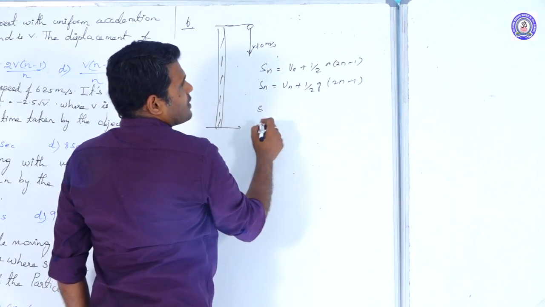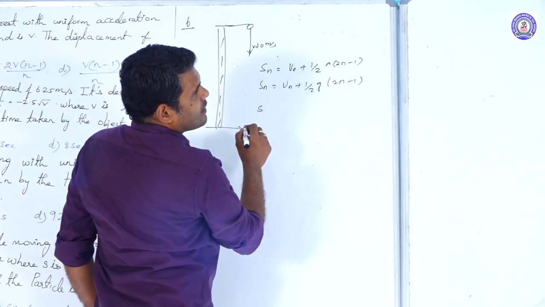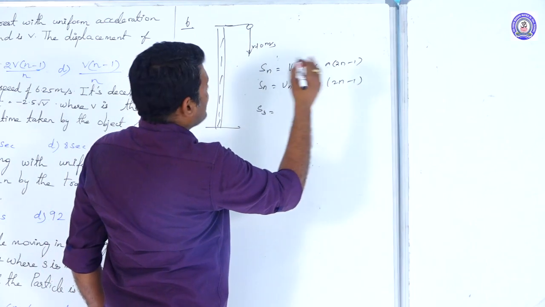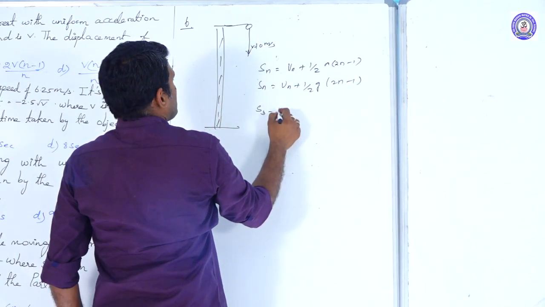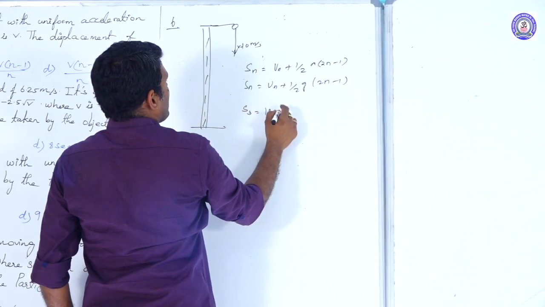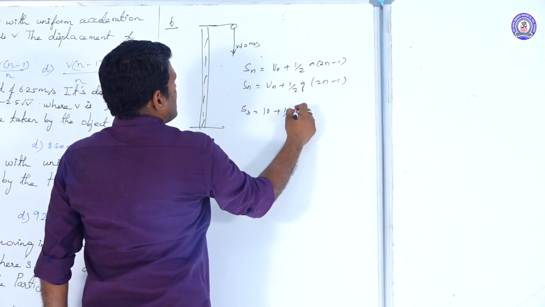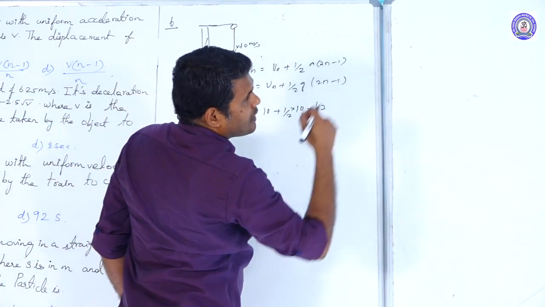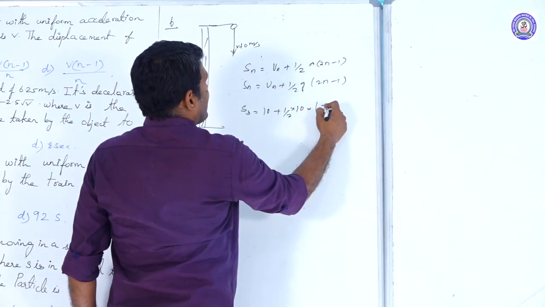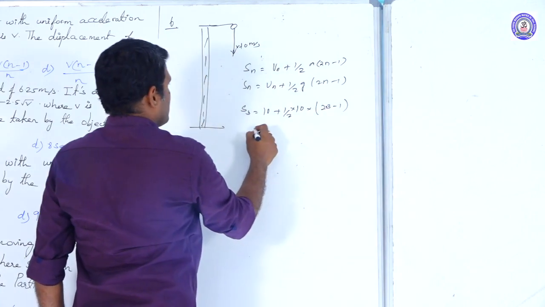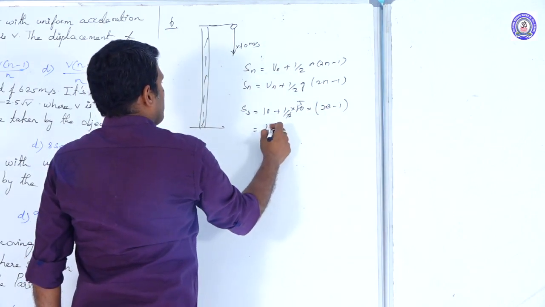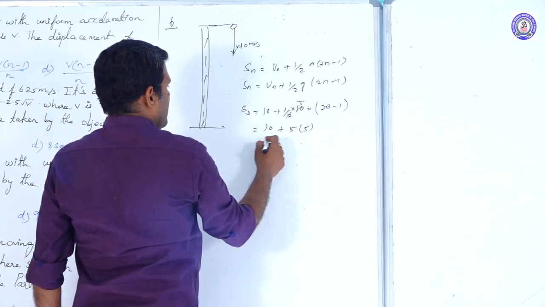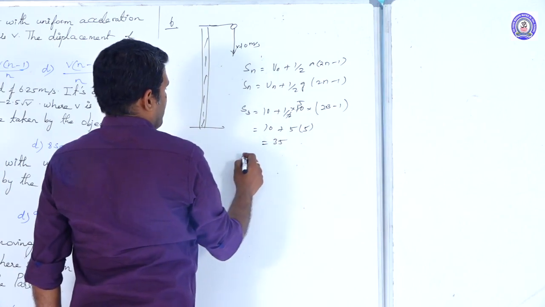The displacement in the third second can be written as S3 equals 10 plus half into 10 into 2 into 3 minus 1. So this will be 10 plus 5 into 5, that is 25 plus 10, which is 35.